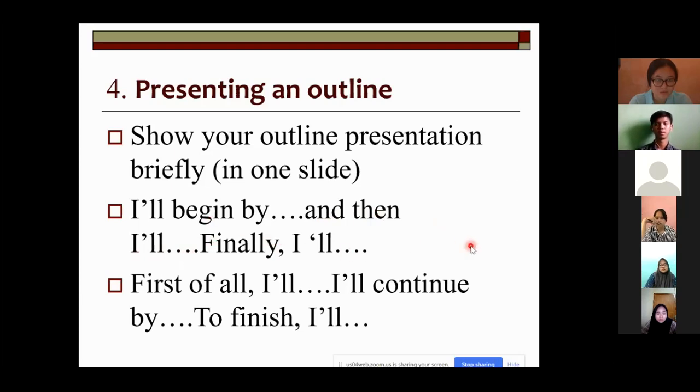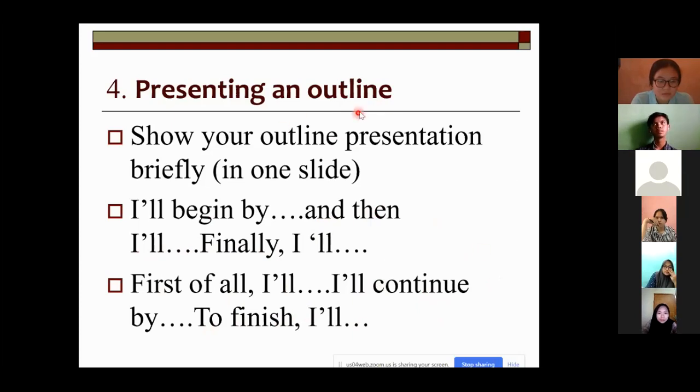Finally, I'll blah, blah, blah. This is the example. Or, first of all, I will present about blah, blah, blah, and then I will continue by blah, blah, blah. And then to finish, I will inform about blah, blah, blah. So these are ways you may present the short outline.